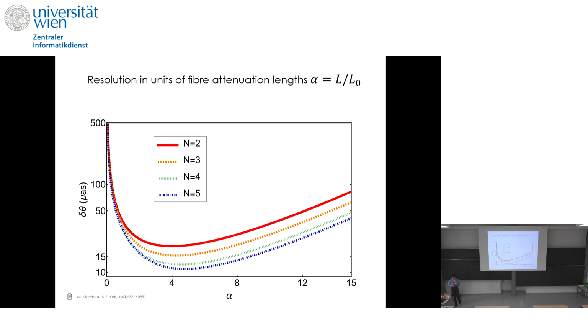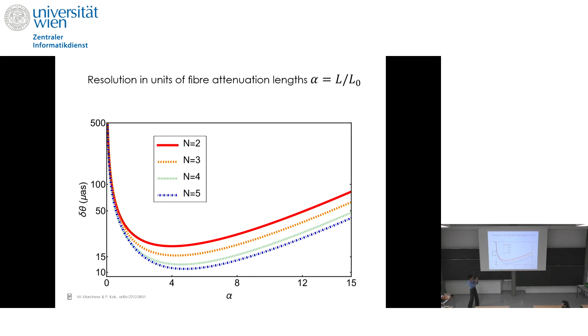And this is the plot of the resolution in units of fiber attenuation length. This minimum here is the optimal resolution, which is obtained at a certain value alpha. And you see that the more photons we have, the smaller this angle is, so the better your resolution.